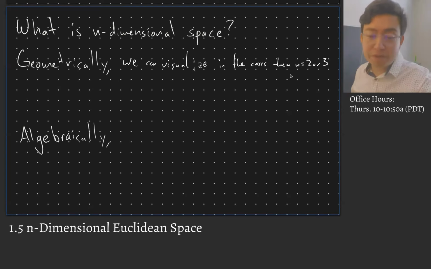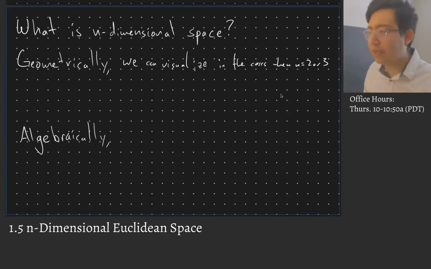This is what we've been doing. We've been taking 2 or 3-dimensional space and working with that algebraically and geometrically, and I've been able to draw pictures, or we can use computers to help us with that, especially in 3 dimensions. And we'll see some more of that today.